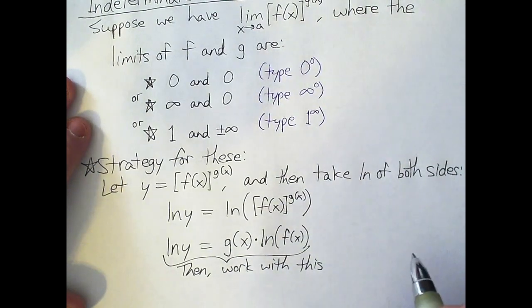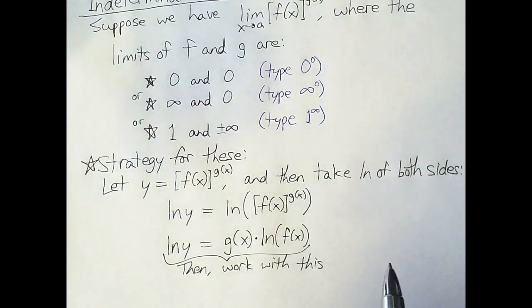And, you know, we can also get our answer back in terms of y. You know, this actually looks like we have ln of y equals this. And, like, I'm saying we're going to work with this, but this is not really y. This is ln of y.